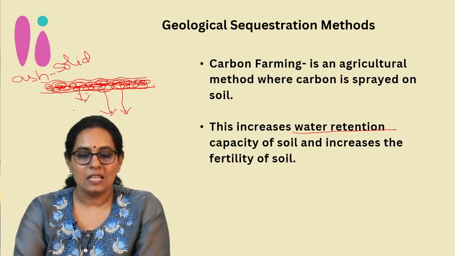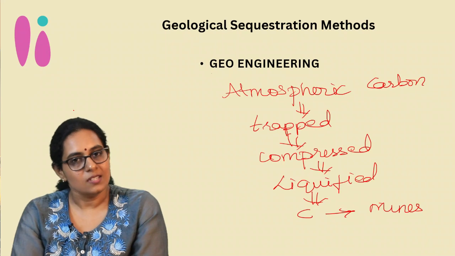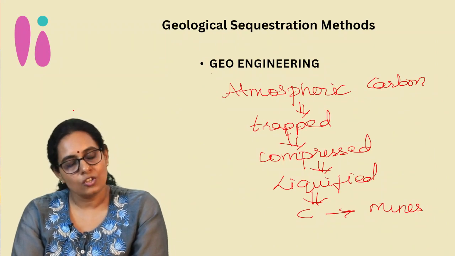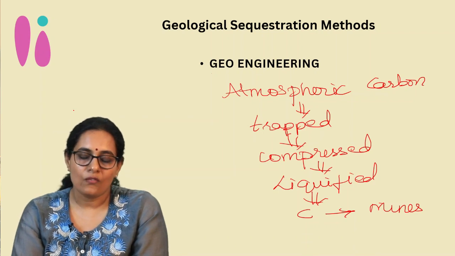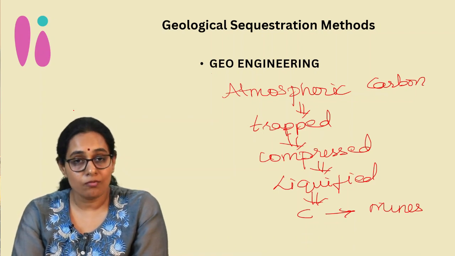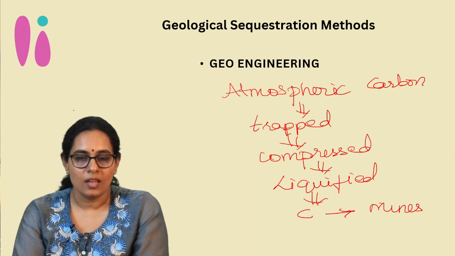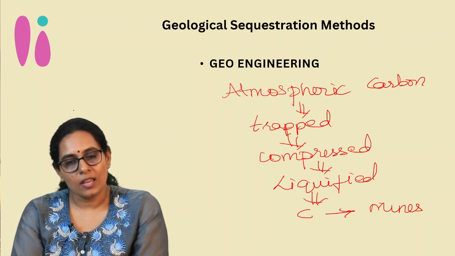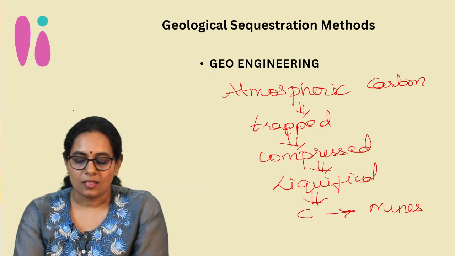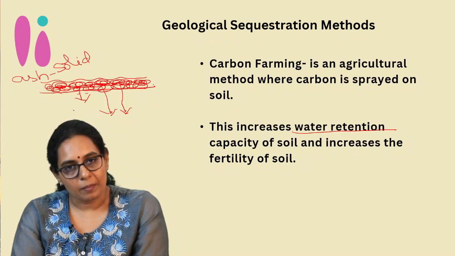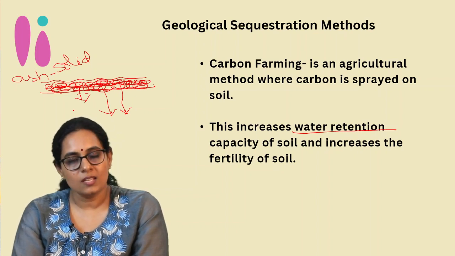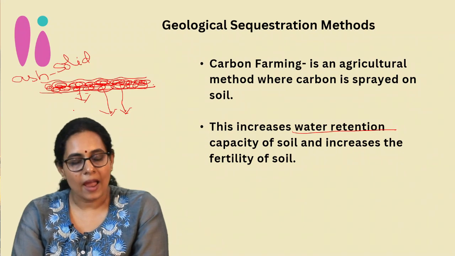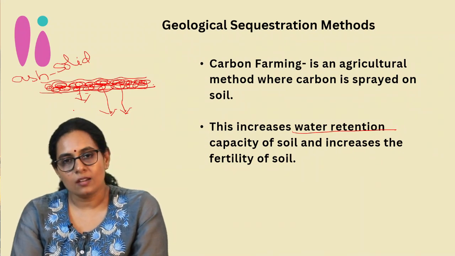So we have seen three methods of carbon sequestration through geological methods. The first one is geoengineering, where we are storing carbon in the form of solid or liquid in the empty or extinct mines. The second is carbon farming, where we are spraying carbon on the top layer of the agricultural soil, where carbon is absorbed by the plants and used as a fertilizer.